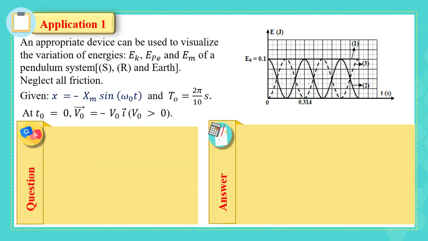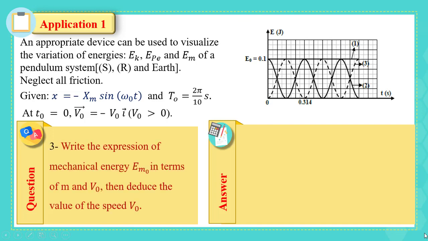Part 3, write the expression of the mechanical energy EM0 in terms of m and v0, then deduce the value of the speed v0. To solve this part, just start with the expression of the mechanical energy at t0. Then the mechanical energy EM0 is E0 from the graph, and at the same time, its expression is half m v0 squared plus half k x0 squared.